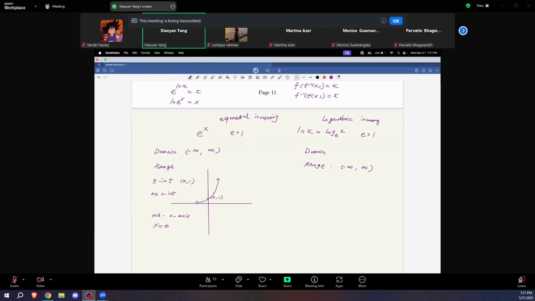This is the e to the x function, increasing. Notice that since we do not have an x-intercept, the graph never touches the axis. What does the horizontal asymptote mean? It means when x approaches negative infinity, the corresponding f of x, which is the y value, will approach the x-axis.